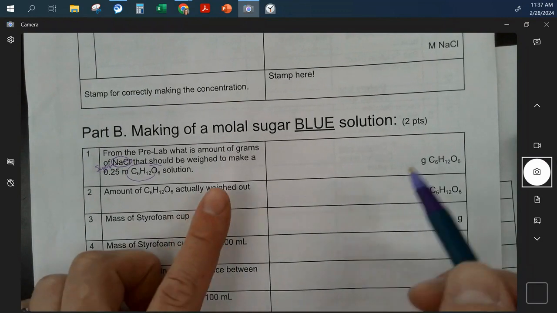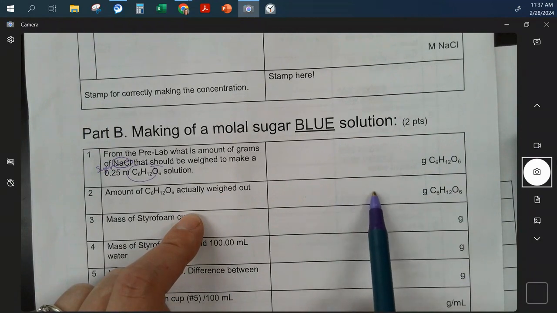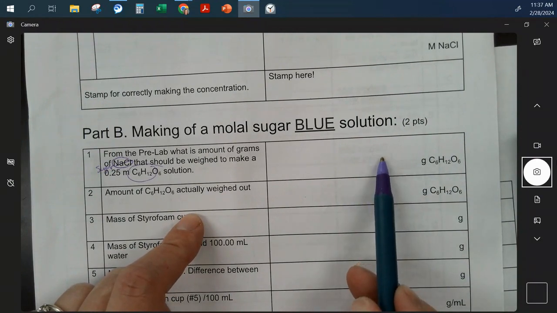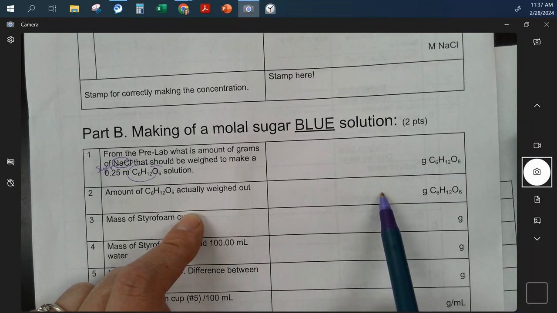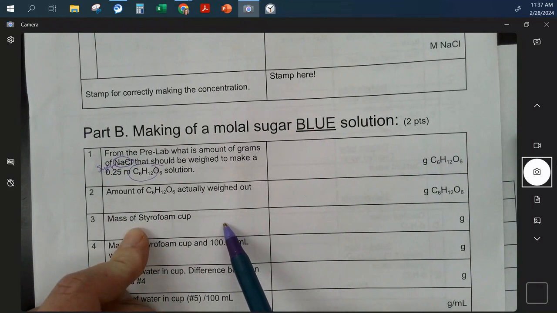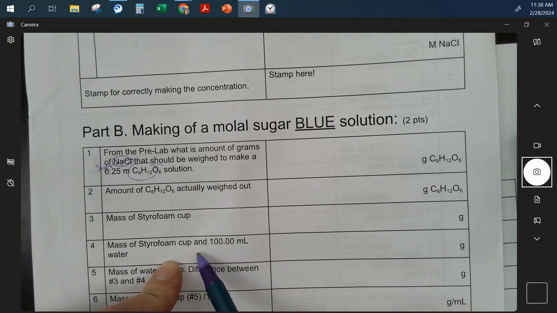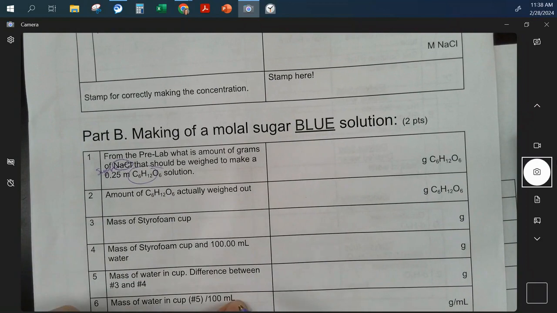All right, great. So then you're gonna measure out how much sugar you actually used. You should get about 8.6, write down what you actually weighed out. And then you're going to dump your solution into a foam cup, but you need the mass of the foam cup first, and then you're going to add the water, then you're going to measure it again.